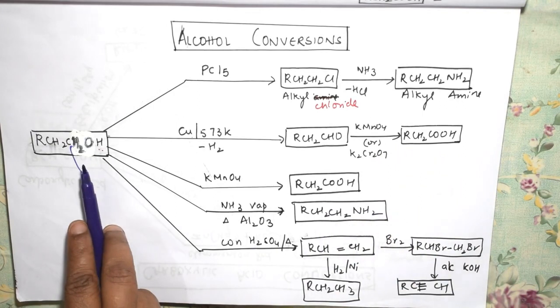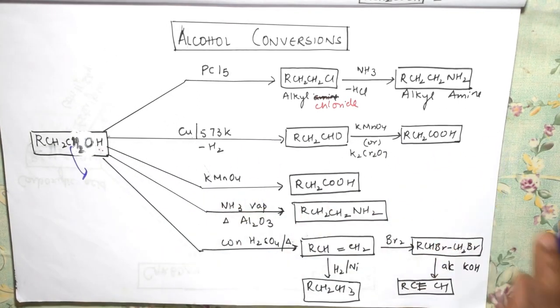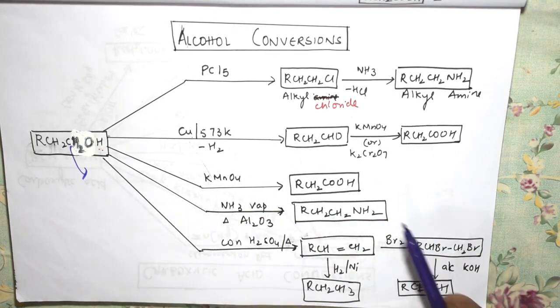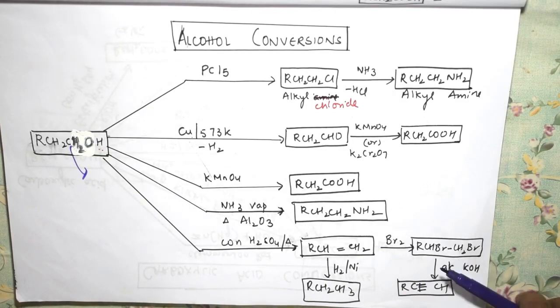Like that, I have shown direct conversions to acids and how this pathway is followed. Then comes how to convert alcohols to amines using ammonia vapors. Then conversion of alcohols to alkenes, alkenes to vicinal dihalides to alkynes. Alkenes to alkanes also using reducing agents like metal. Let us come and see the next chapter.